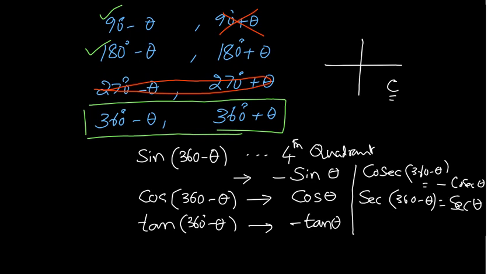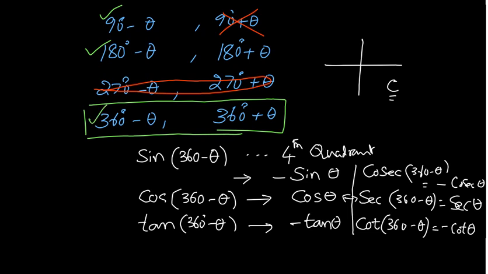Cosec 360 minus theta is minus cosec. So this one is covered.